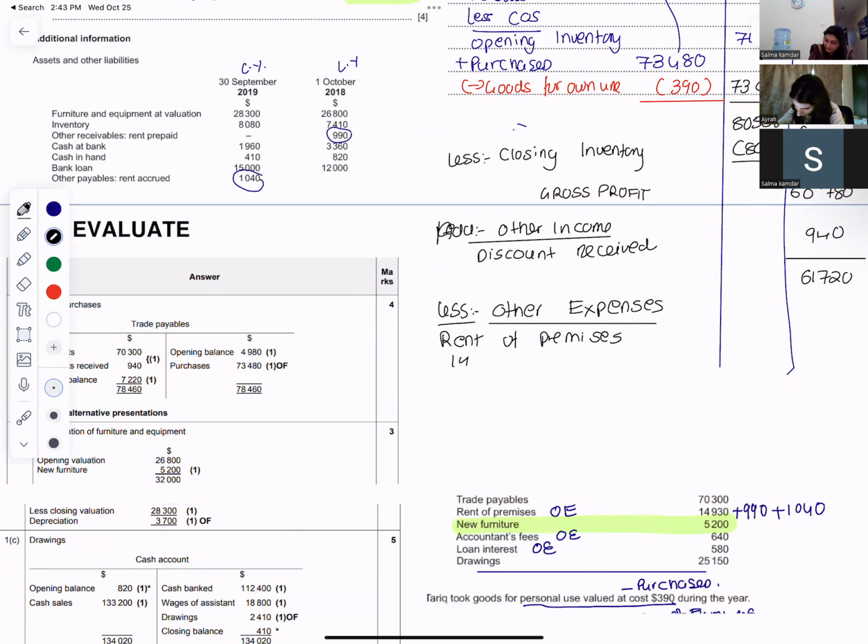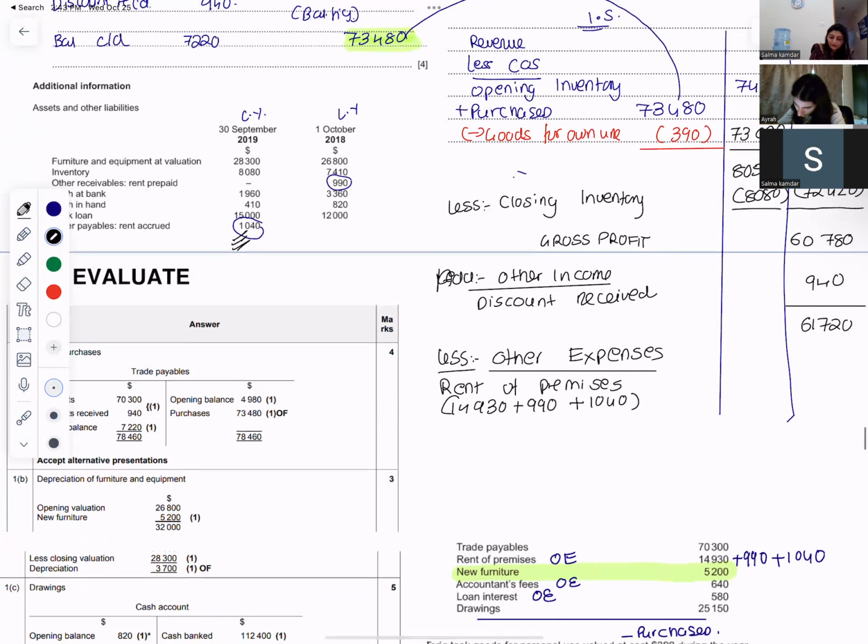So it is 14,930 plus 990 plus 1040. Where is 1040? Outstanding rent of the current year. Oh yeah, outstanding rent. So what is that amount coming up to? 16,960.